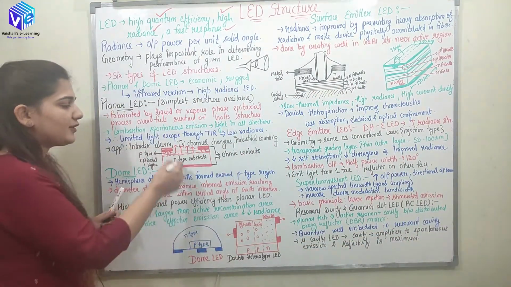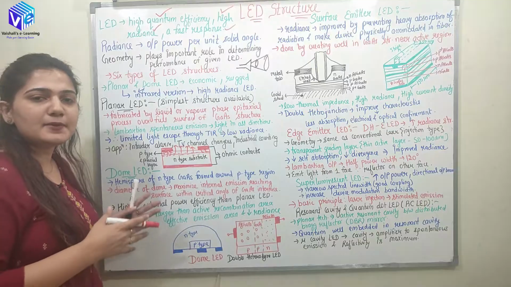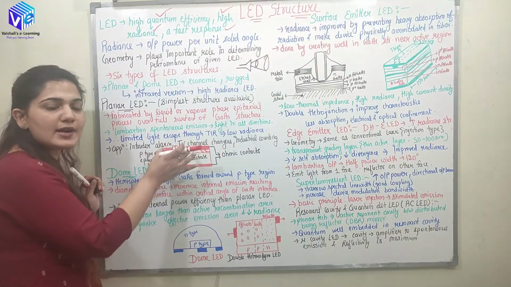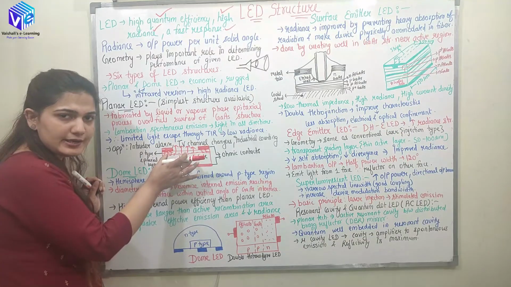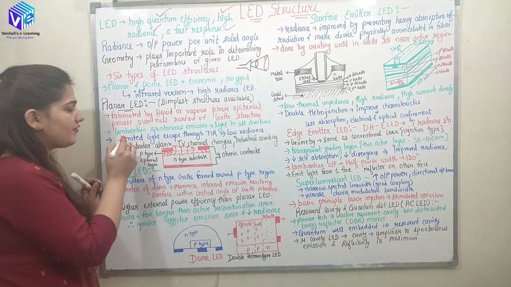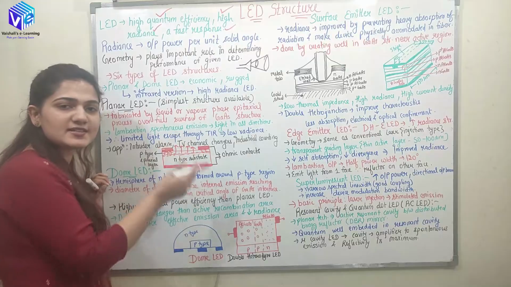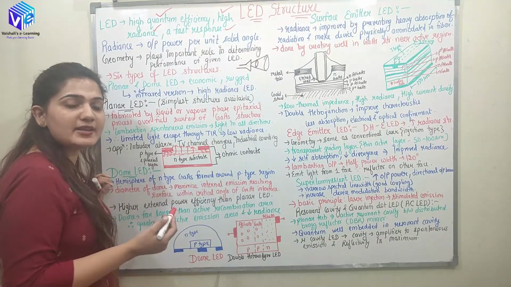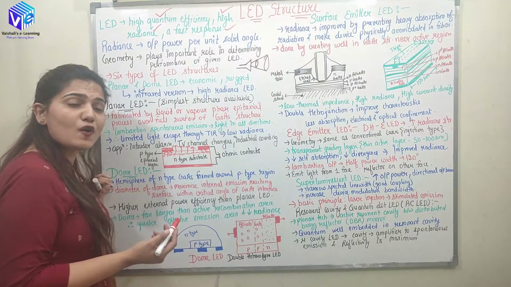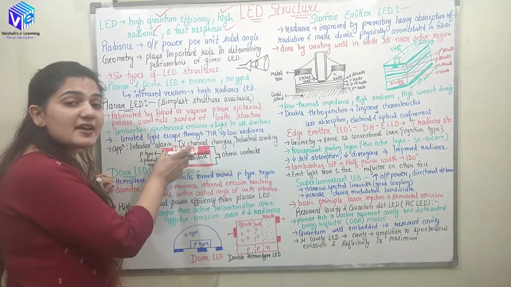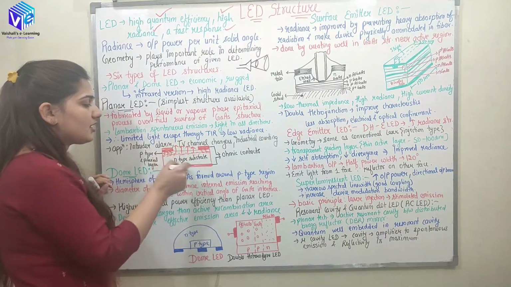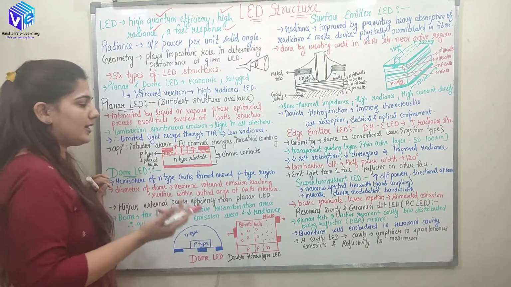After the total internal reflection, the light will be moving in all directions, but it is escaping through a low radiance window only. So we will have limited light escaping, which means low radiance because of the small diameter of this window. So this structure will give me low radiance.